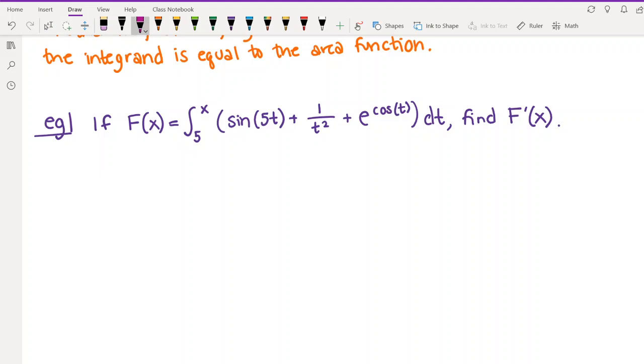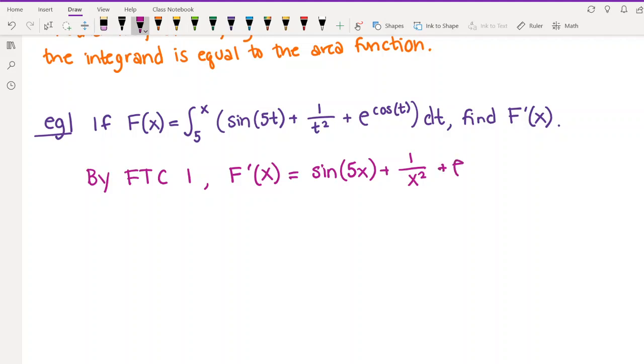So by FTC1, capital F prime of x is equal to sine of 5x plus 1 over x squared plus e to the cosine of x. That's all you're doing: taking the integrand, the function inside the integral, and replacing the t with an x.